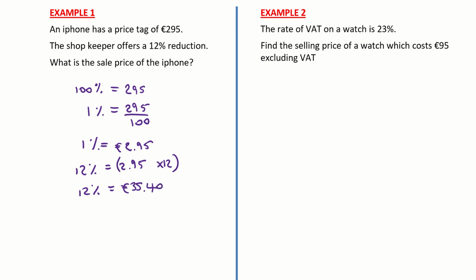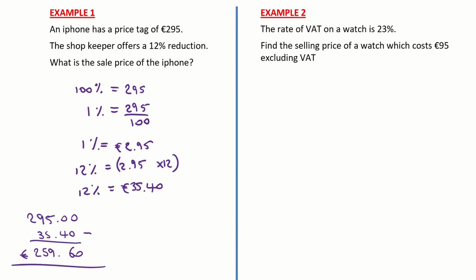So that's the reduction on the price of the iPhone. Now the question though wants us to find the sale price of the iPhone. So the total price was €295.00. I'm now going to subtract €35.40 from that, which is giving me a sale price of €259.60. That's the new price of this iPhone.